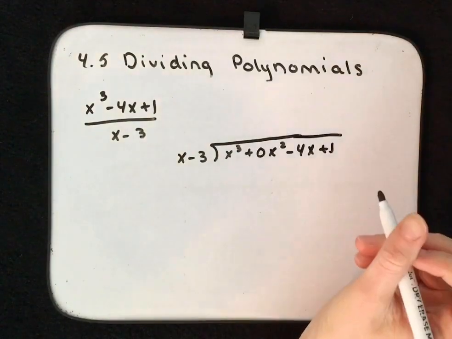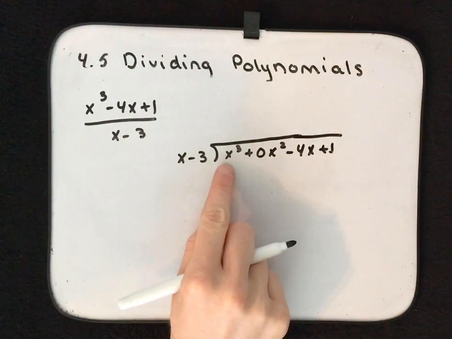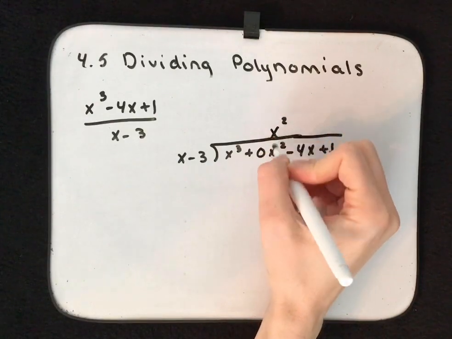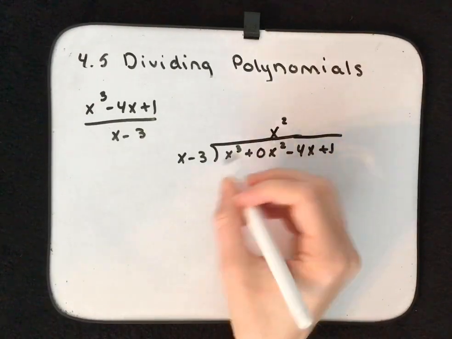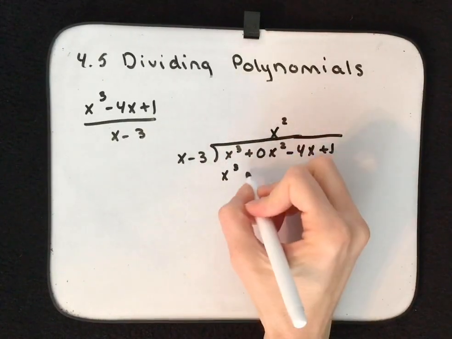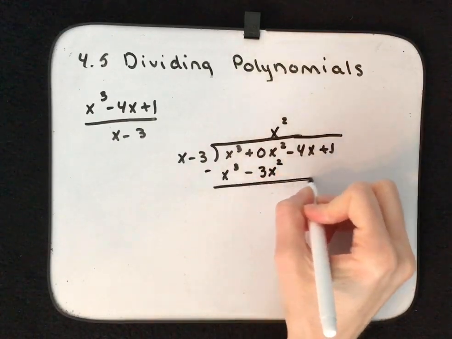There we go. And then we have to look at it. What times x gives us x to the third? Well, x to the second times x gives us x to the third. So that means we need x to the second. Line it up in our x to the second column. X to the second times x gives us x to the third. X to the second times negative 3 is negative 3x to the second. We're going to subtract.